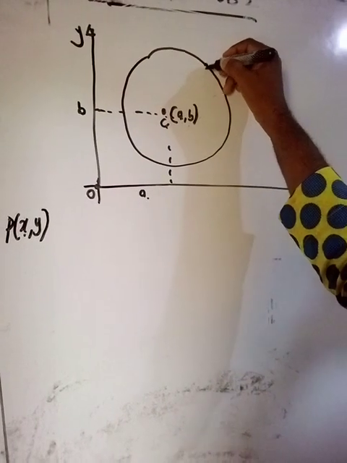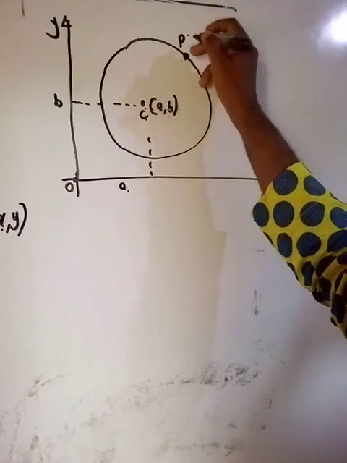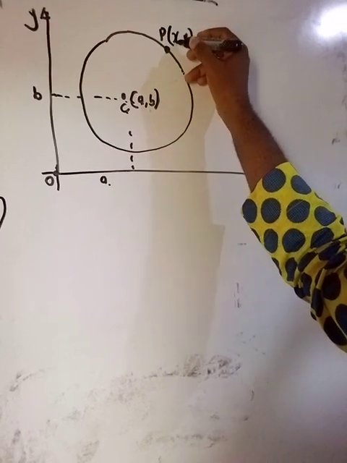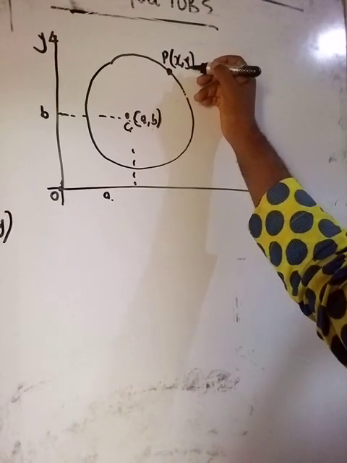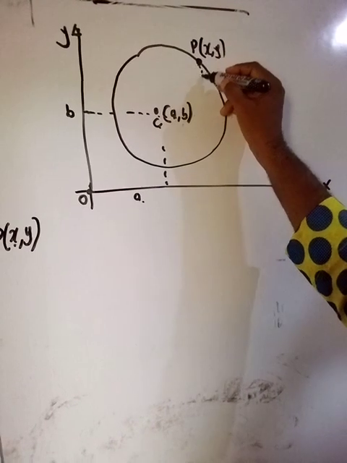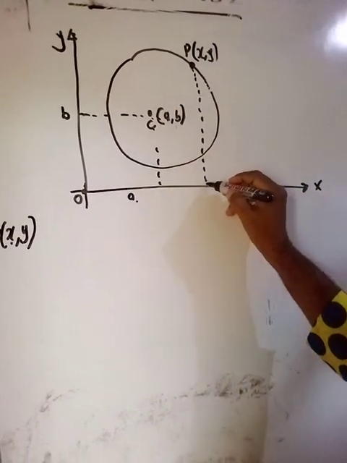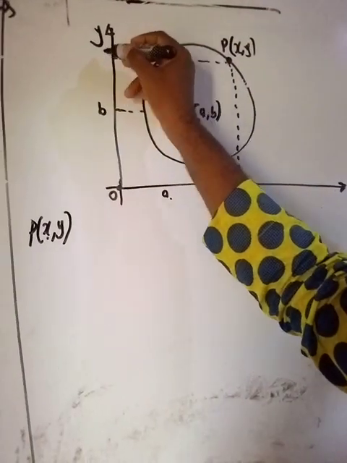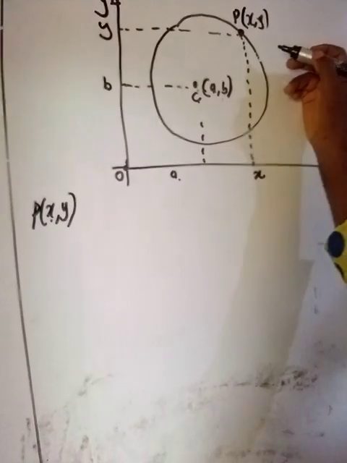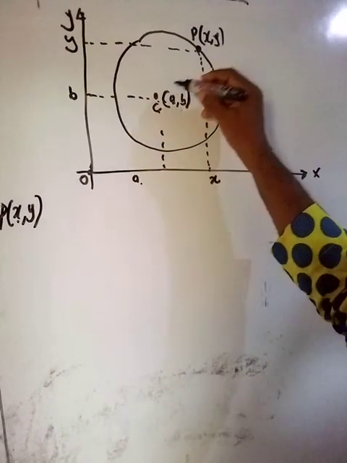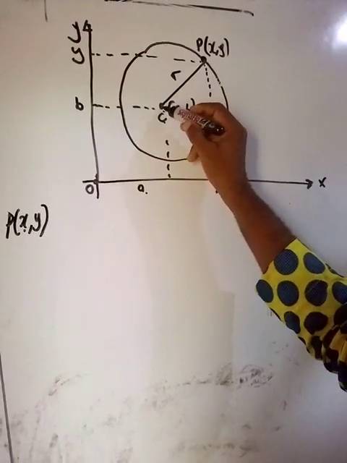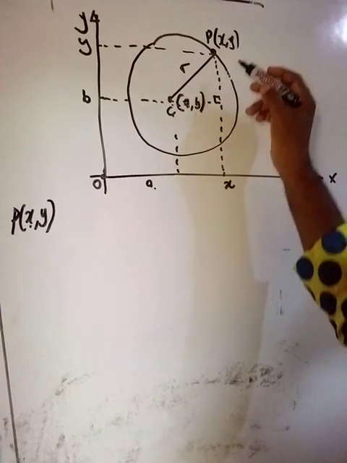If I locate an arbitrary point P on the circumference of this circle, the location along the x-axis will be x, and the location along the y-axis will be y. Now, if I take the radius of the circle to be r, I have a right angle triangle.